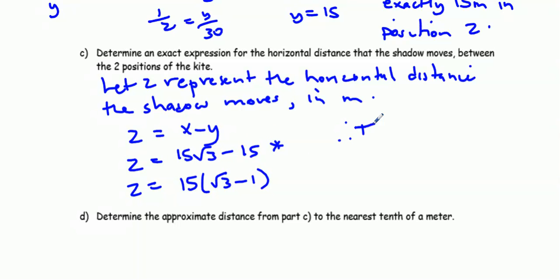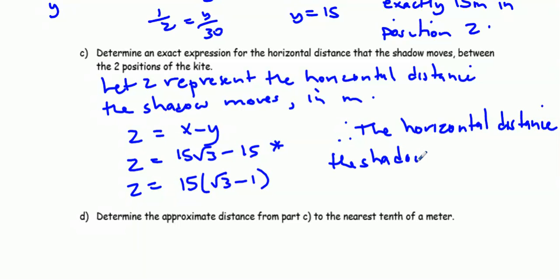Therefore, the horizontal distance the shadow moves is 15 root 3 minus 15 meters. I know that's an awkward number, but that's the exact number.